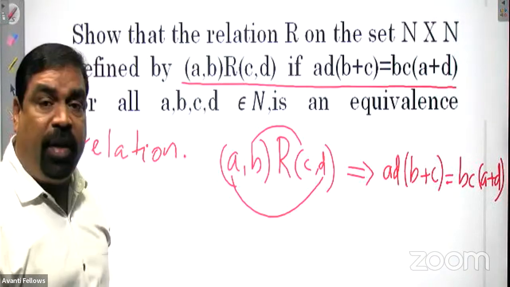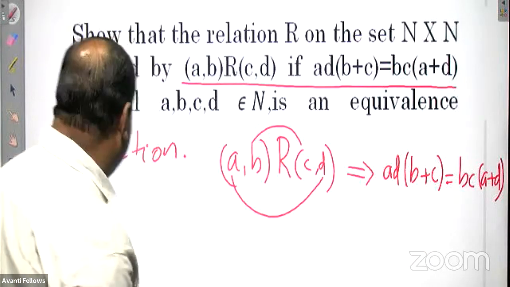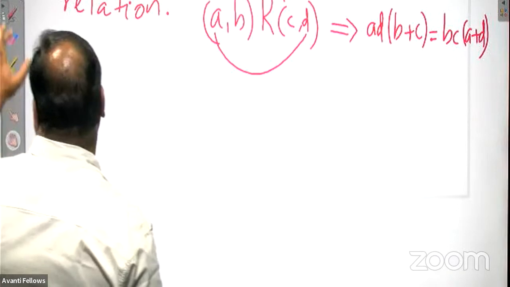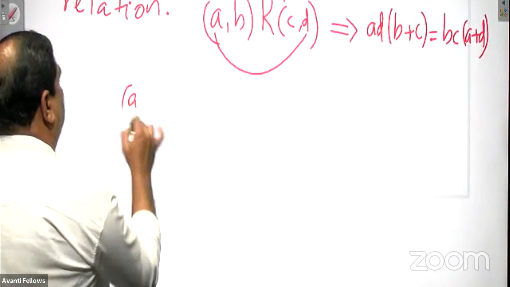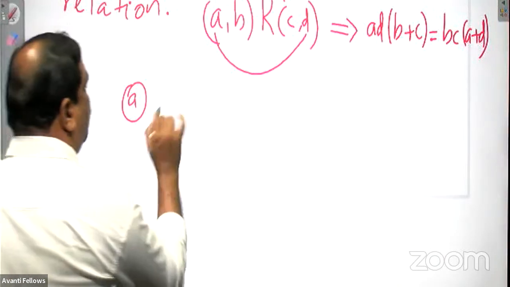So we have to verify whether it is reflexive, symmetric, or transitive. Let us see the reflexivity. For reflexive, what do we have to prove?